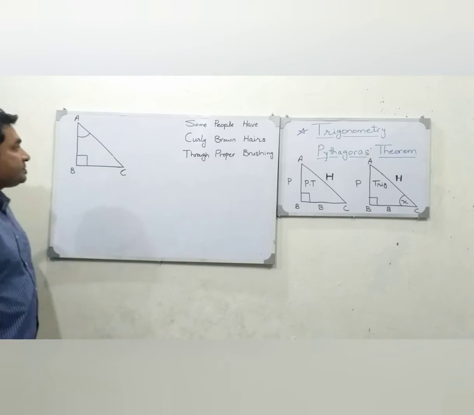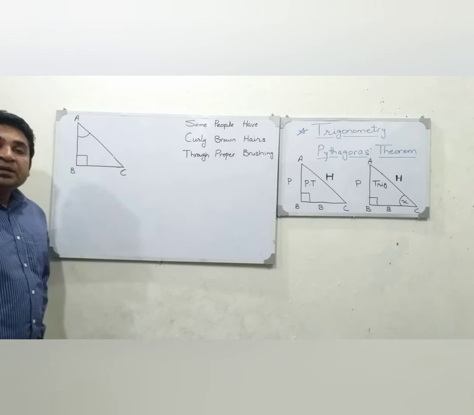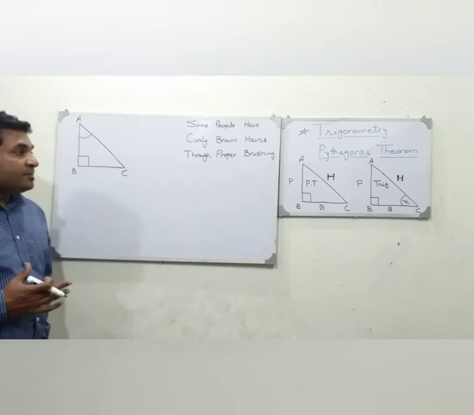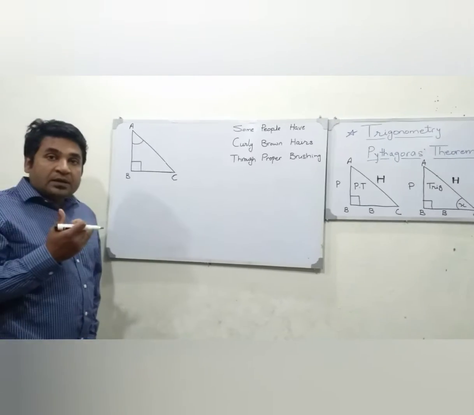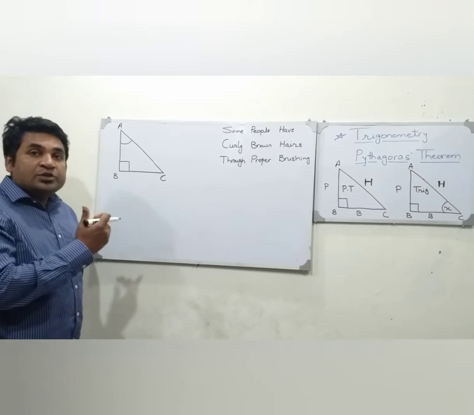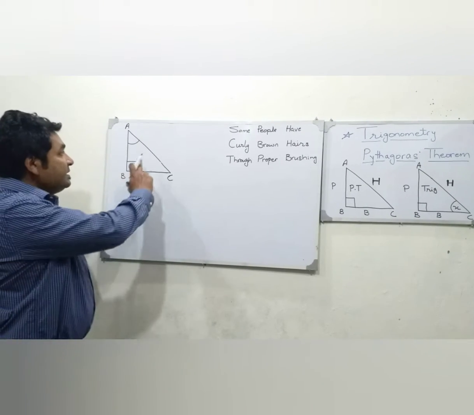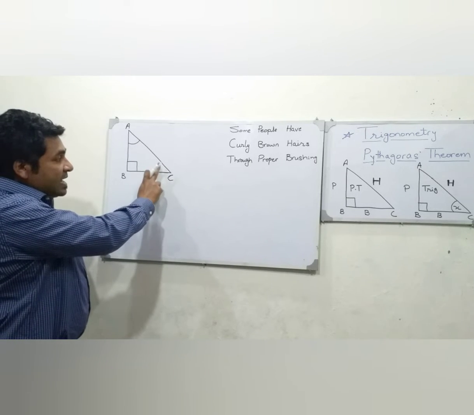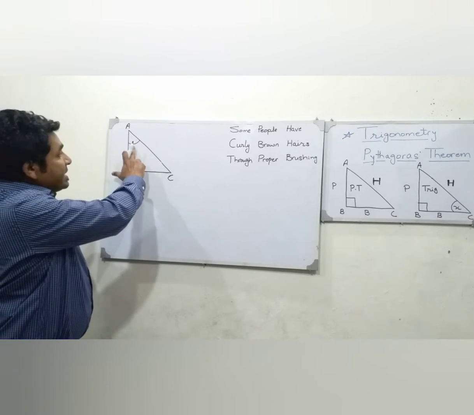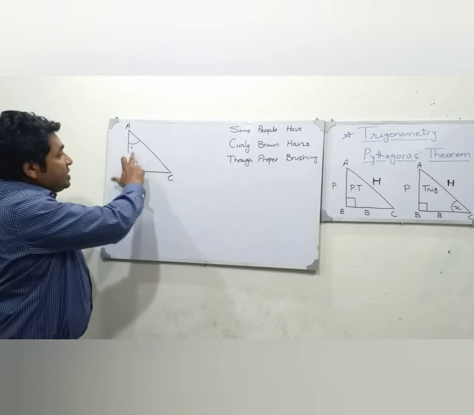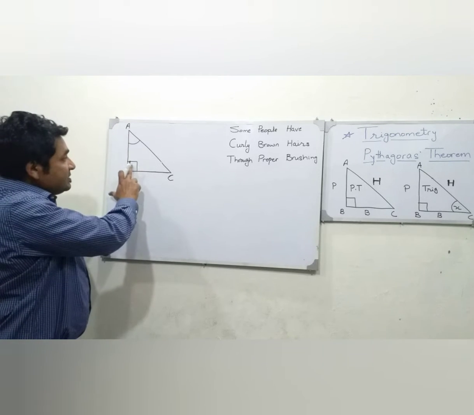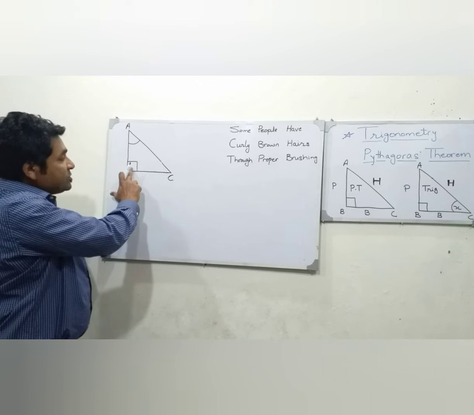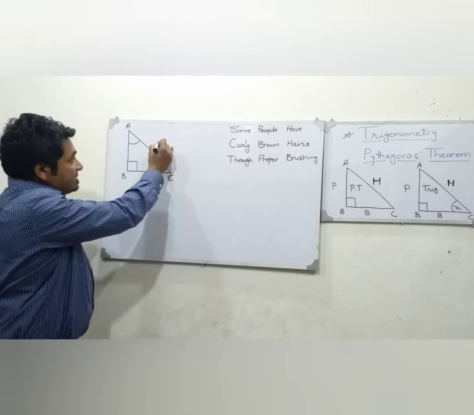Now let's move towards the ratios. Ratios are basically the ratios of the sides. Earlier I took the angle at this vertex, now I am taking the angle at this vertex. According to this triangle, this side is opposite to 90 degrees, so it will be called hypotenuse.